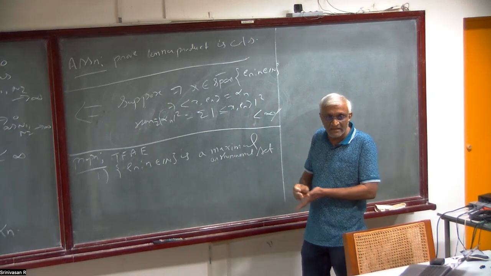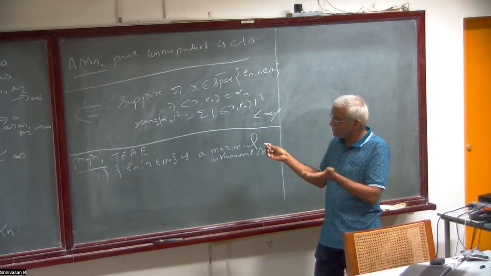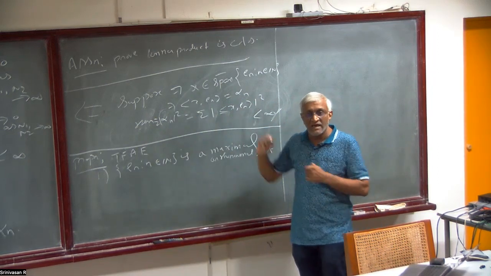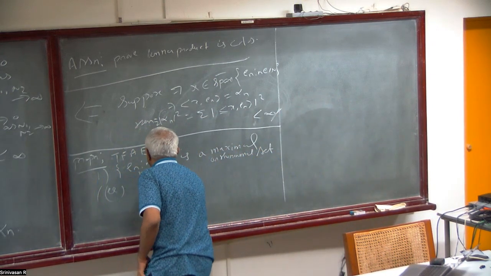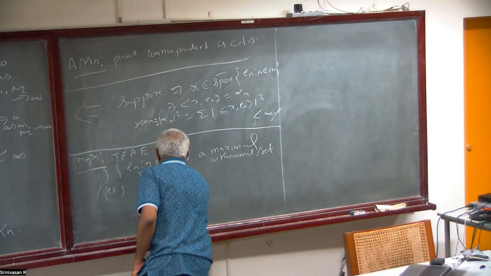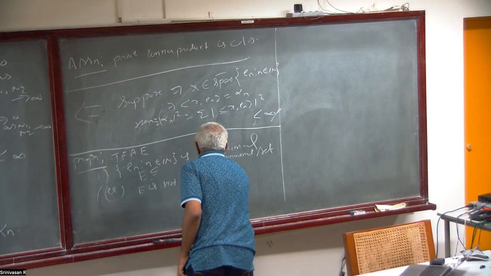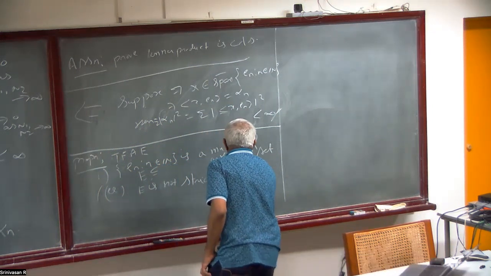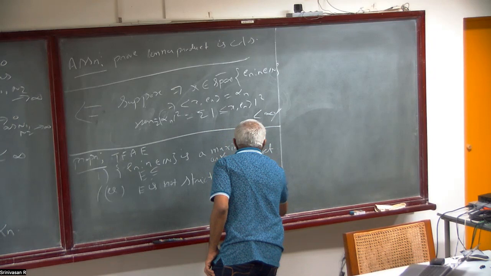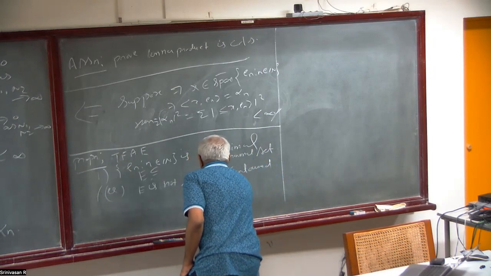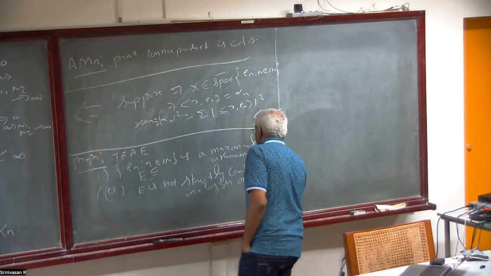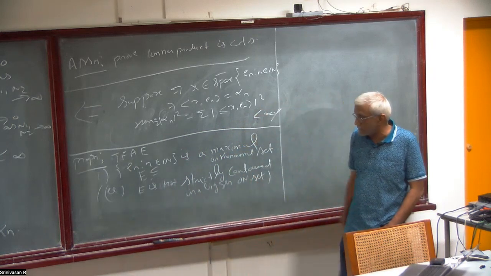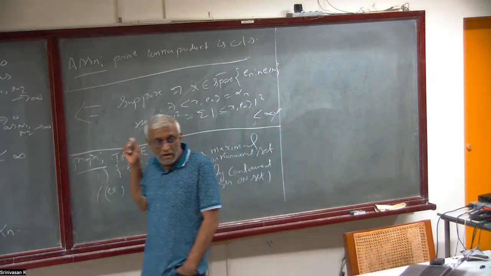That is, there does not exist a set bigger than this. That is, if you call this E, E is not strictly contained in a bigger orthonormal set. The maximal orthonormal set. That is what we call a basis.